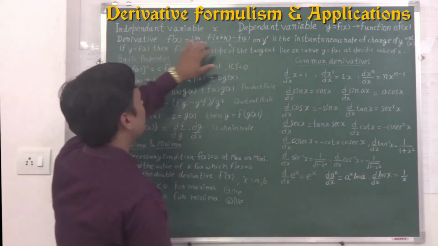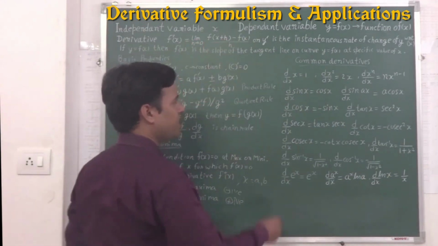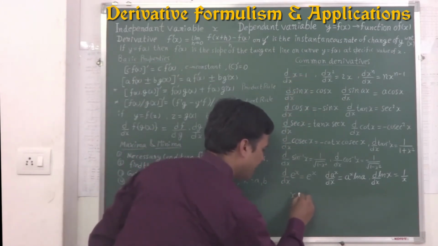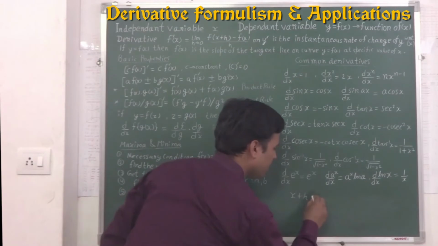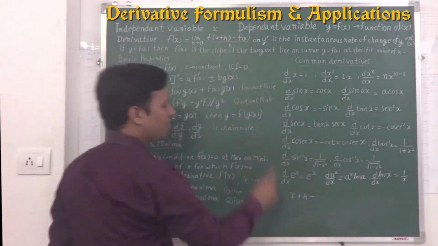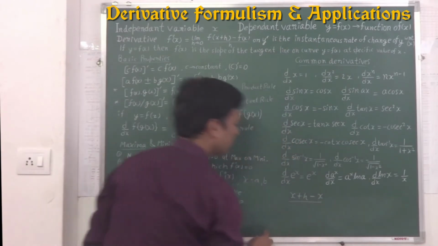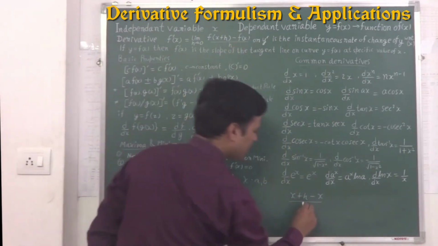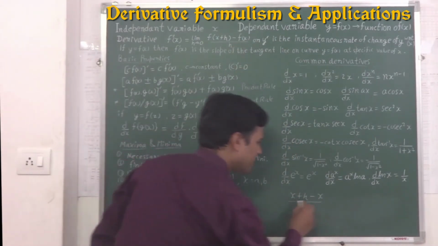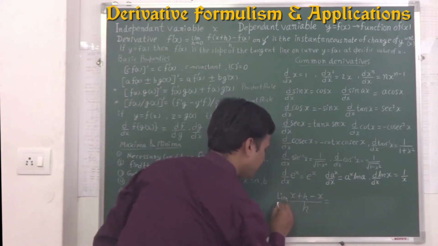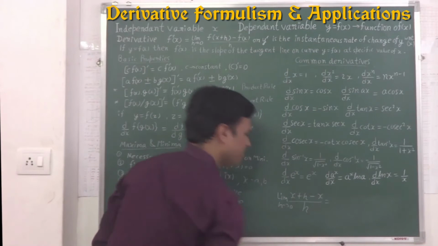Then for the function, I will use x plus h: f of x plus h minus f of x, so minus x, upon h. Then I will calculate it and use the limit h tends to 0.